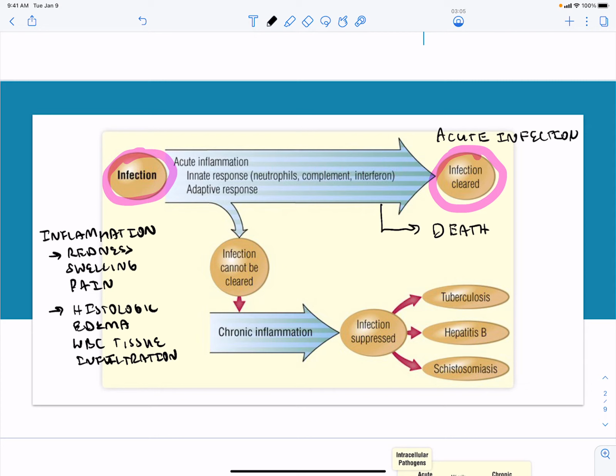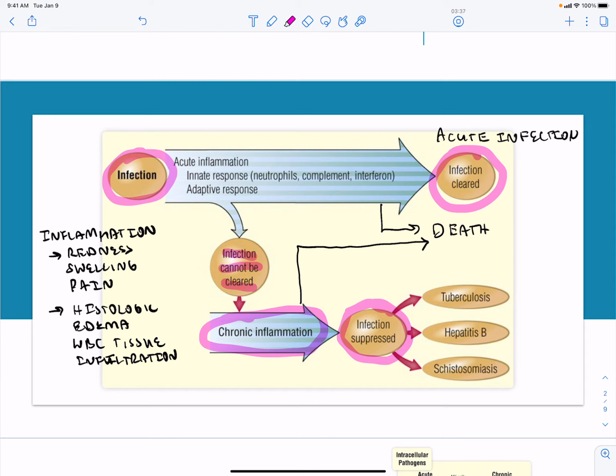Now, there are some infections, though, that we can't clear. So infections that can't be cleared are going to move into a stage of chronic inflammation. In the case of a chronic type of disease, again, you always have the possibility of death. And you can also move into a state where you have the infection under control to some level. So these would be infections like tuberculosis, hepatitis B, and schistosomiasis.